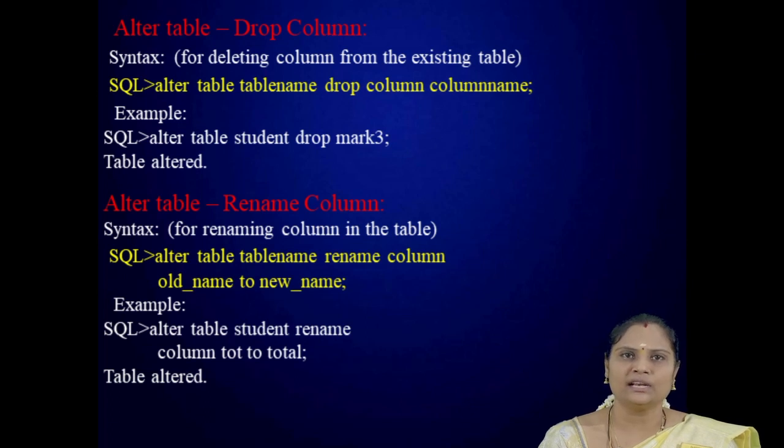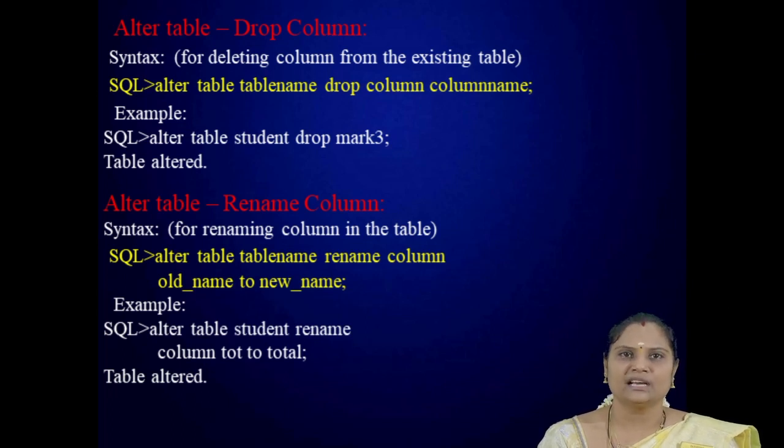Now we want to delete the column mark 3. So we put the column mark 3. Now we get the altered table student which has the columns roll number, name, mark 1, mark 2, tot only. In this new table mark 3 is not there.